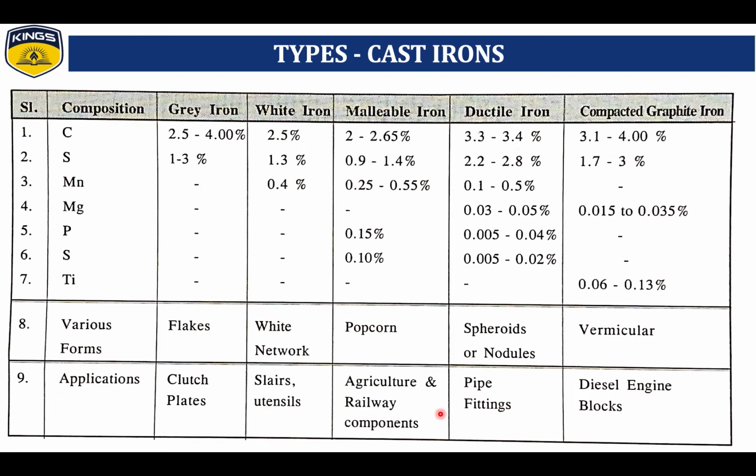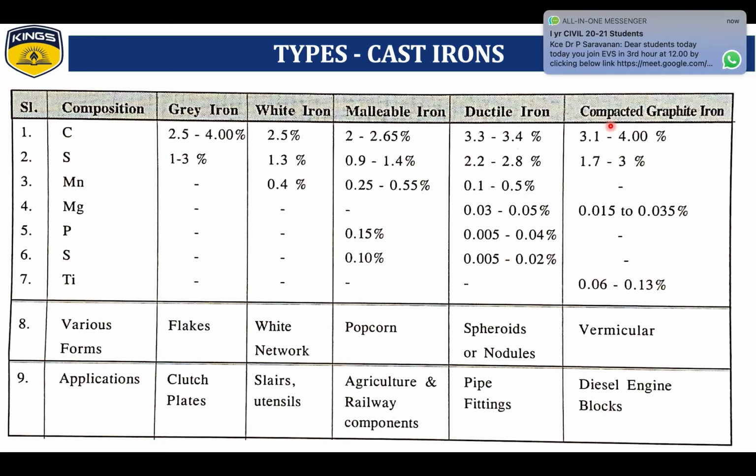Here, the overall comparative composition and the characters and applications of these irons, that is the gray iron, white iron, malleable iron, ductile iron, and compacted graphite iron, are given.